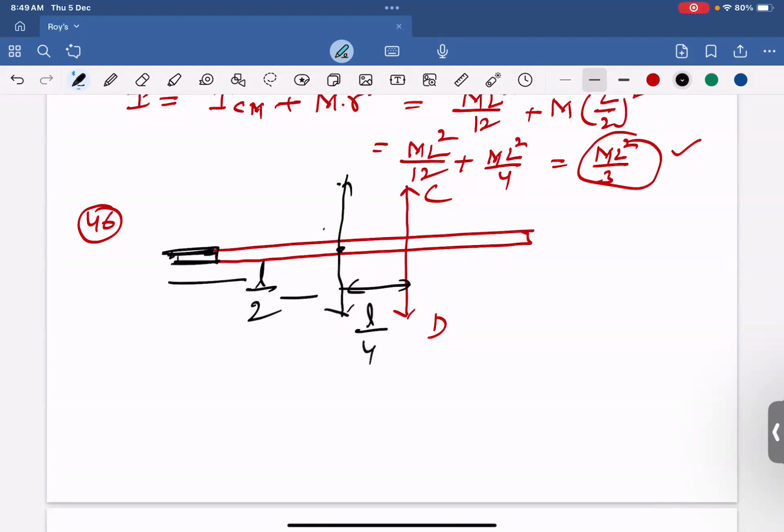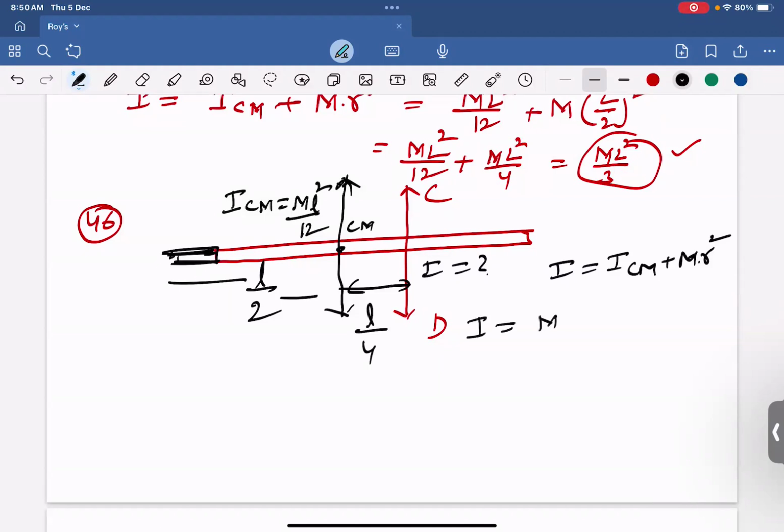So if this is the center of mass, then I know moment of inertia about this will always be ICM, which is ml square by 12. And about this axis I have to find. So I'll use the parallel axis theorem, which says that I is equal to ICM plus capital M into R square.